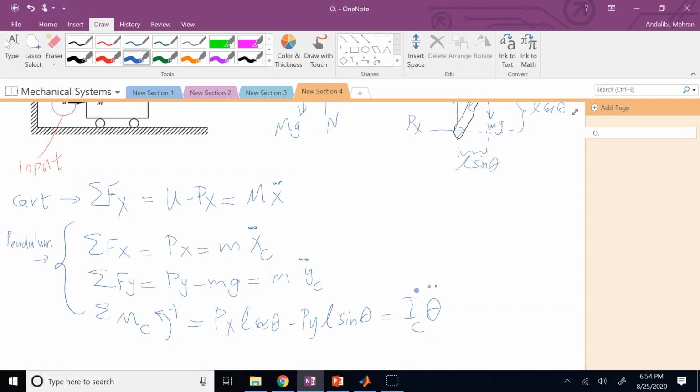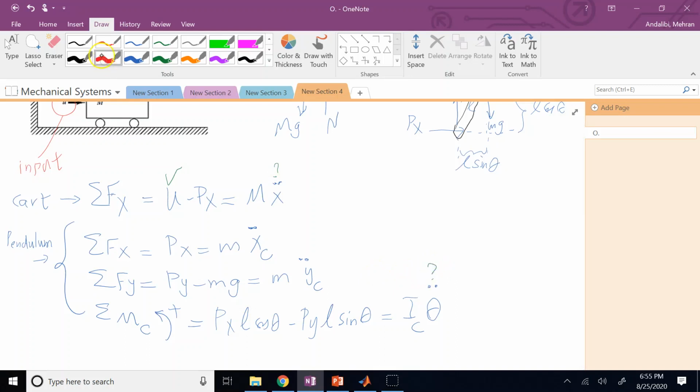Okay, so these four are your equations of motion, and we have to get rid of some unknowns because all we need for the state space representation is the equations directly between input, which is u, and the outputs, right? So u is given, and the outputs are what? x and theta.